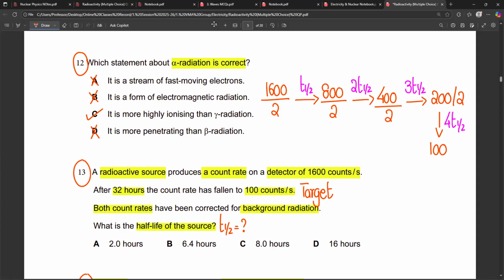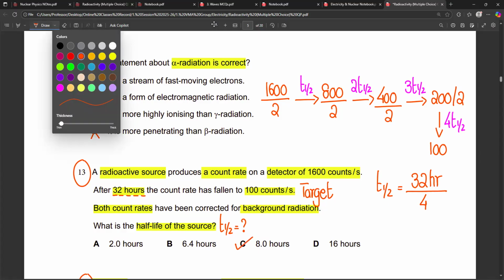Now the total time is 32 hours. So if we equally divide this 32 by 4, the answer is 8 hours.